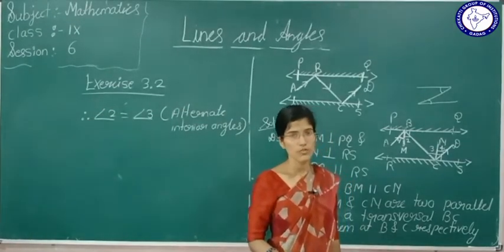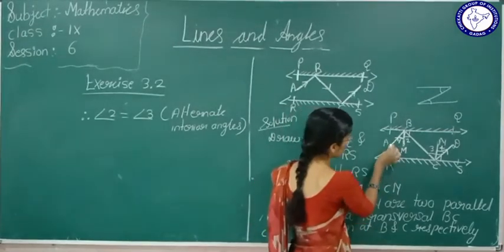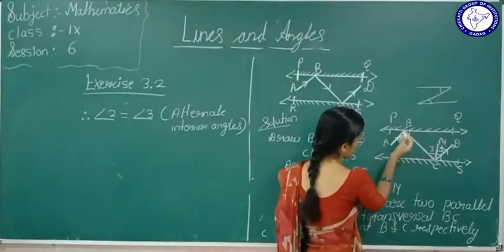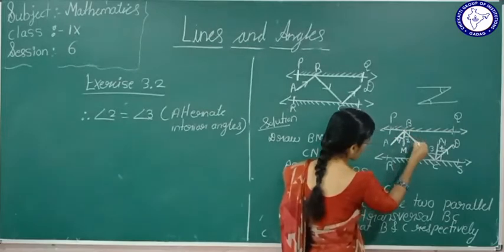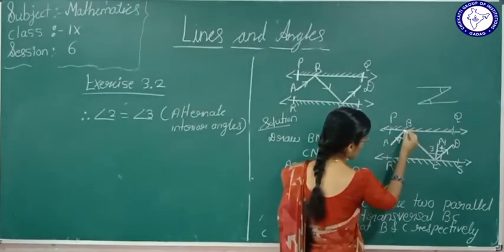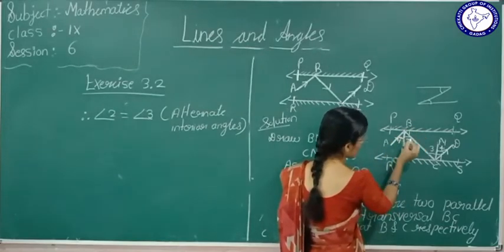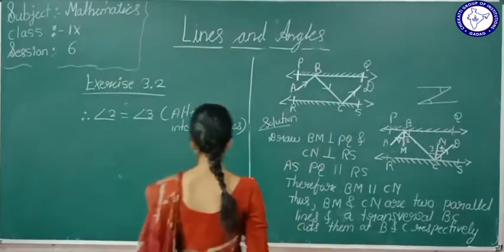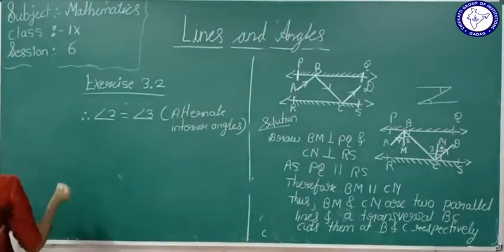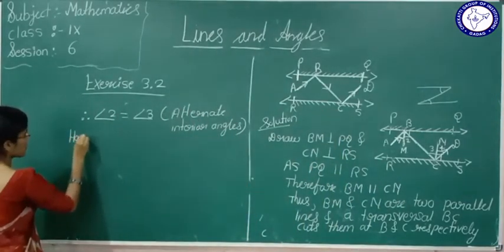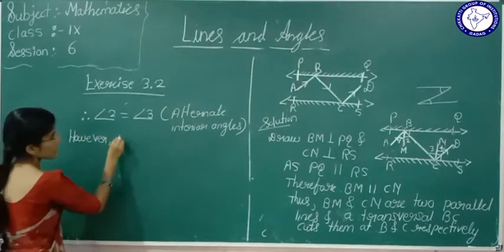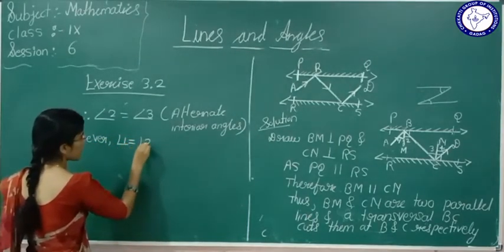Okay, now you know the laws of reflection. Here the angle of the incident ray and the reflected ray is going to be equal. However, angle 1 is equal to angle 2.